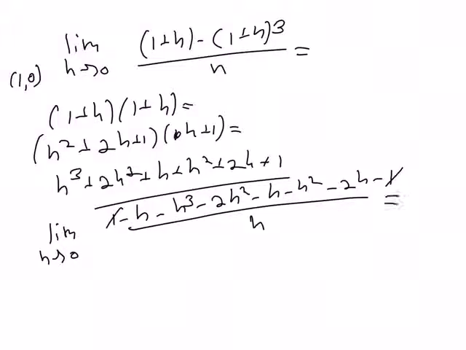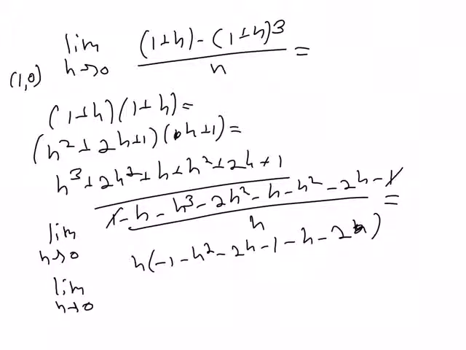We can take out an h, so this becomes the limit as h goes to 0 of h times negative h squared minus 2h minus 1 minus h. Wait, sorry, this should be a plus h, because this is 1 plus h, that's a plus h, so this is a plus 1, okay, minus 1, all over h.